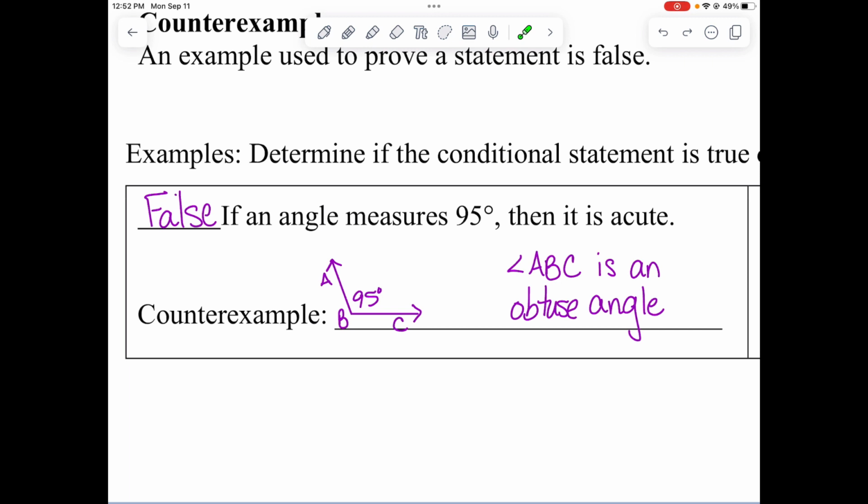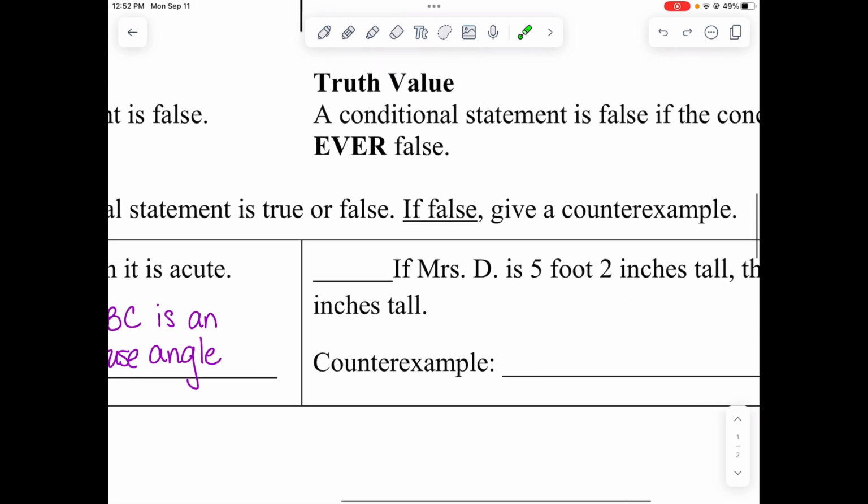Notice this is a specific example. I'm not explaining that acute angles are angles that are less than 90 but greater than 0 degrees. I'm not giving an explanation, it has to be an example. For our notes, I went ahead and put this on here so that you'd understand what kind of example you were giving.